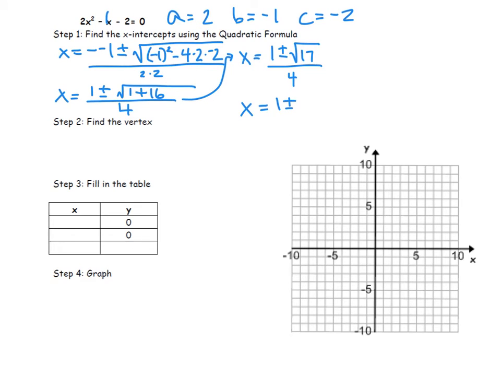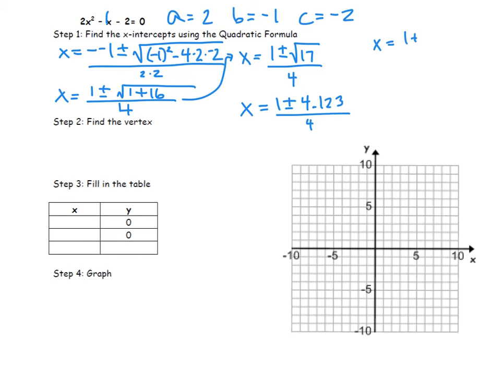We know the square root of 17 is going to be just over 4 because 4 times 4 is 16, so 4.123 divided by 4. And then we'll go ahead and break this down into our plus and our minus.